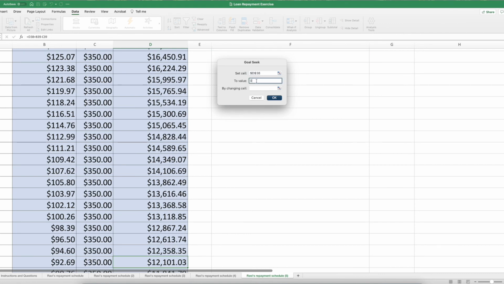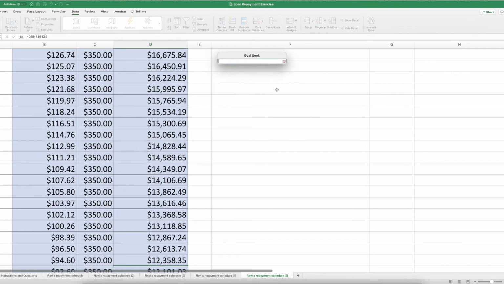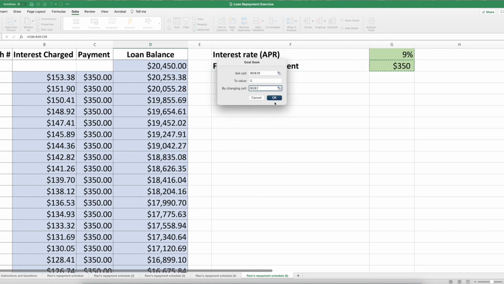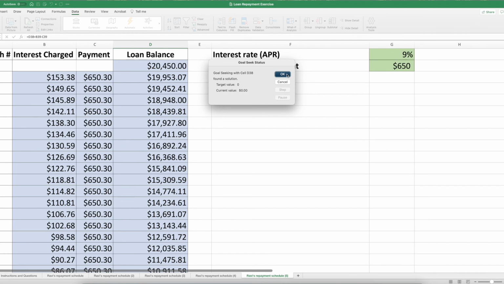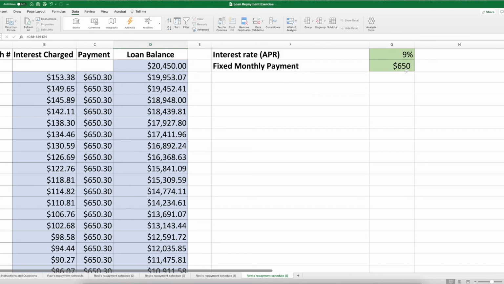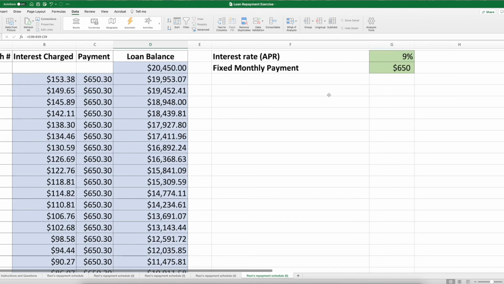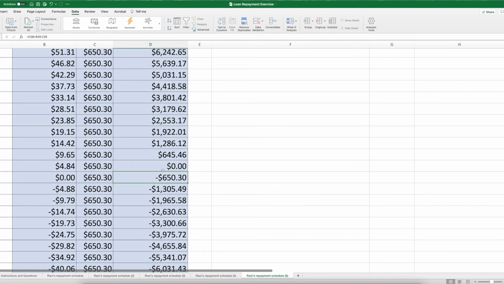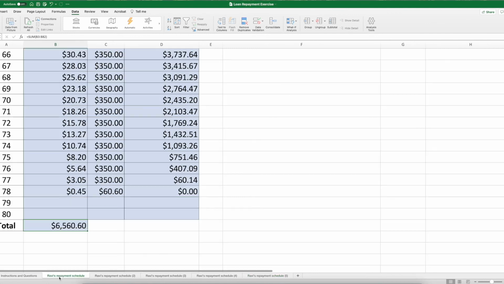I want the output to be 0, and I want to tell Excel to achieve that by changing the value in this cell, the fixed monthly payment. And I press enter, and Excel calculates that that amount is going to be $650. So if Ravi were to pay $650 a month, then his balance at the end of 36 months would be 0.